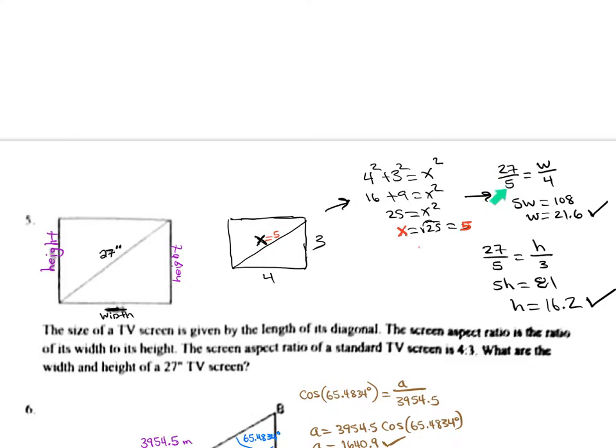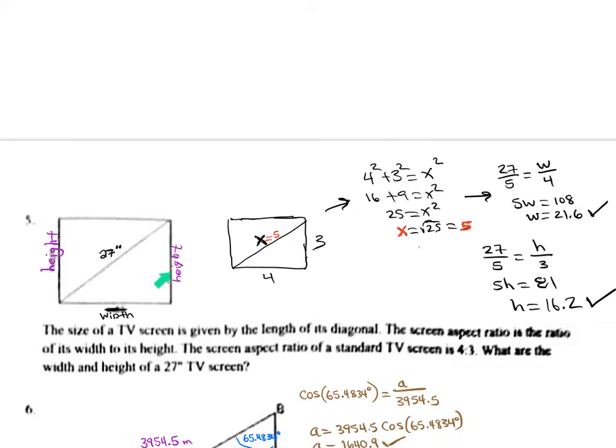So 27 over 5 equals w over 4. Cross multiply, 5 times w equals 27 times 4, which is 108. We'll divide both sides by 5, and 5 goes into 108, giving you 21.6 for w, which is the width of the television screen.